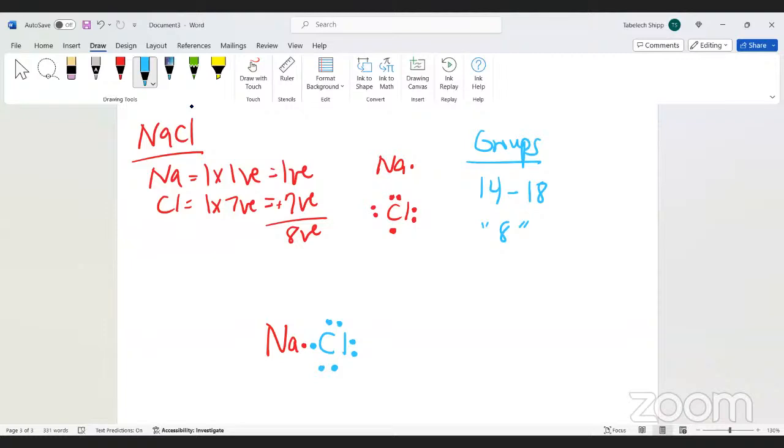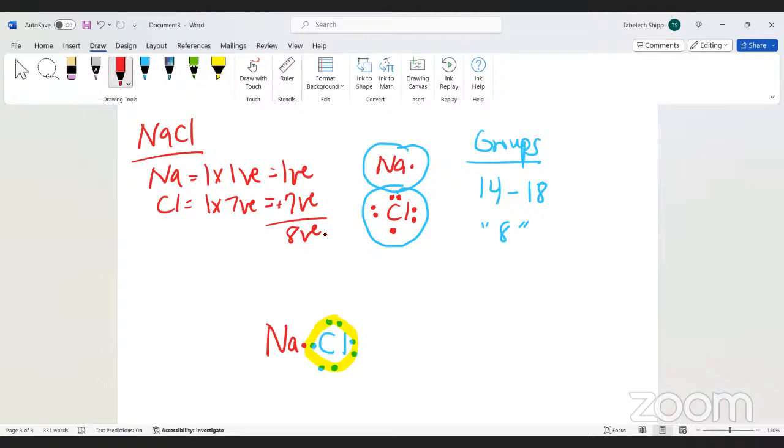Now I drew this with 7 blue dots so you could see that there were 7 right here that was coming from the original ion. And I also gave one to the chlorine from sodium to give it a full complete number. Again, this element here has 8, and it's called sharing, okay? That's where you get the sharing from.